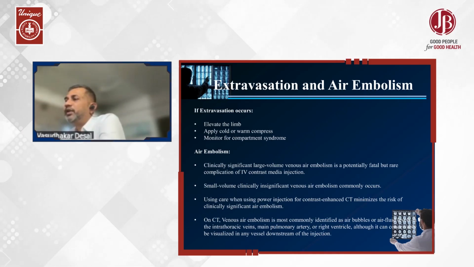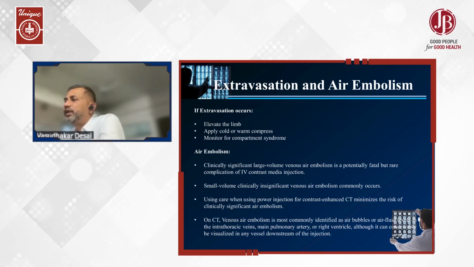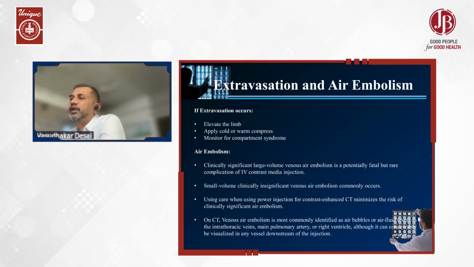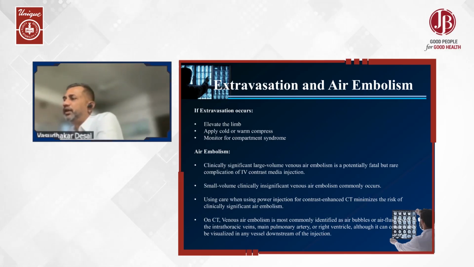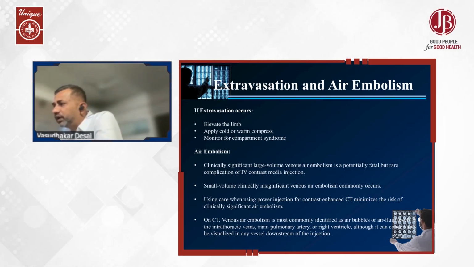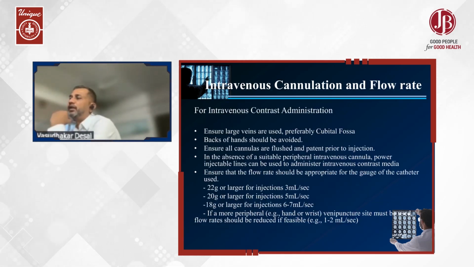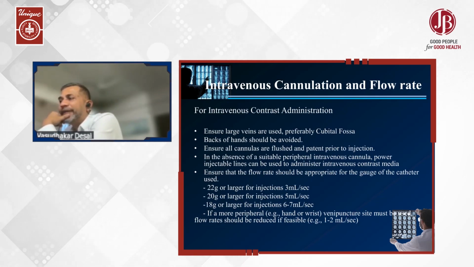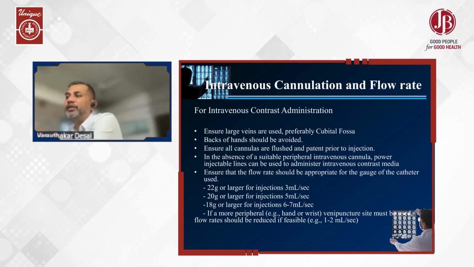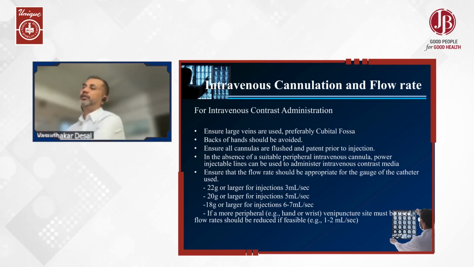Using care with power injection for contrast in CT minimizes the risk of clinically significant air embolism. On CT, venous air embolism is most commonly identified as air bubbles or air-fluid levels in the intrathoracic veins, mainly the pulmonary artery or RV, although it can conceivably be visualized in any vessel downstream of the injection.